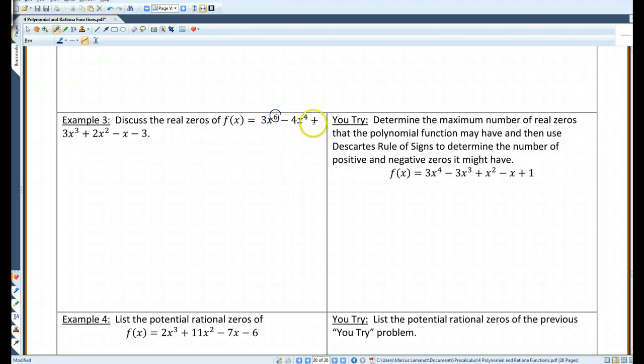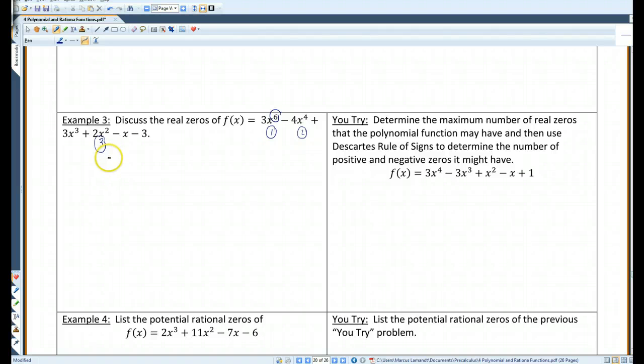This is negative, this is positive. Positive to positive, positive to negative. So it goes from positive to negative, that's 1 variation. It goes from negative to positive, that's 2. Positive to positive, no change. Positive to negative, that's 3. And then negative to negative, that's it. So there's 1, 2, 3 variations in the sign of the non-zero coefficients of f of x.